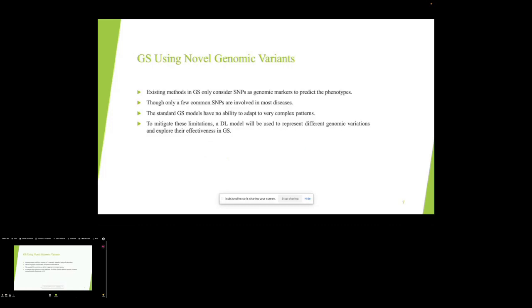So, the existing methods in genomic selection can only consider the SNP variants as genomic markers to predict the phenotypes. For these standard linear genomic prediction models, the number of genome wide SNP features largely exceeds the sample size, which leads to overfitting. But for deep learning models, studies have shown that these methods base their predictions on overall genetic relatedness rather than just on the effects of particular markers.